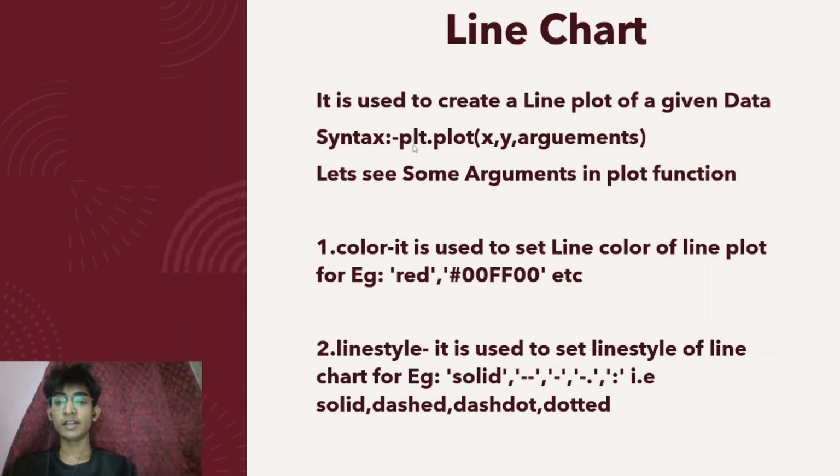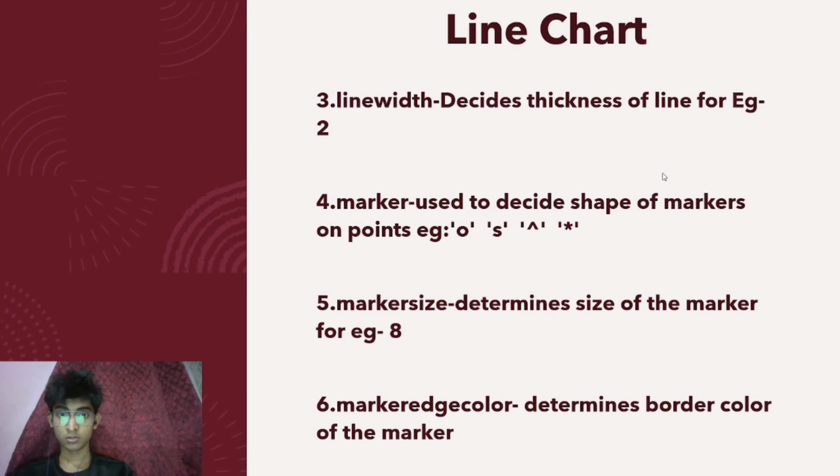So the syntax is plt, which is your matplotlib module imported as plt, dot plot. The plot function is used to draw this line chart. You have to give an X list, the list which is going to represent the X axis. You have to give a Y axis list, and there will be many arguments. Okay, so let's see some arguments. Before showing some arguments, I will tell you how it looks. Let's see.